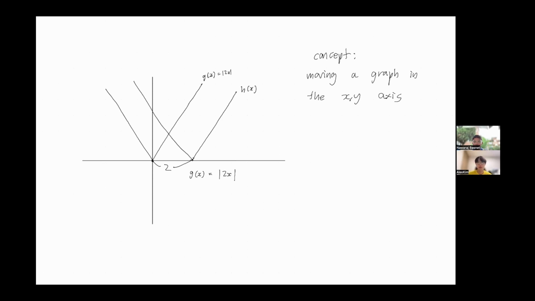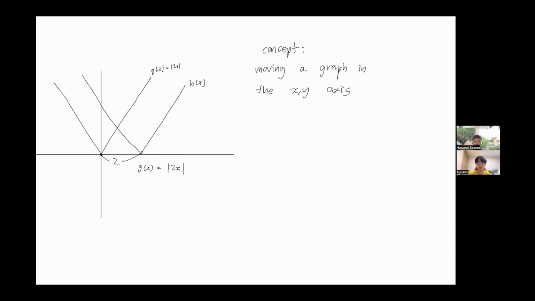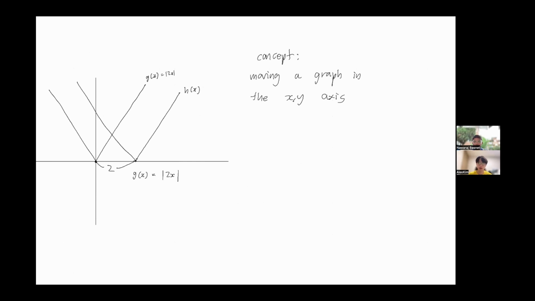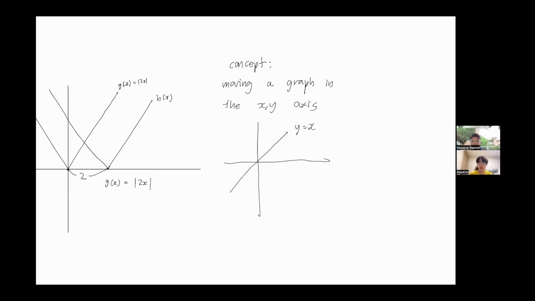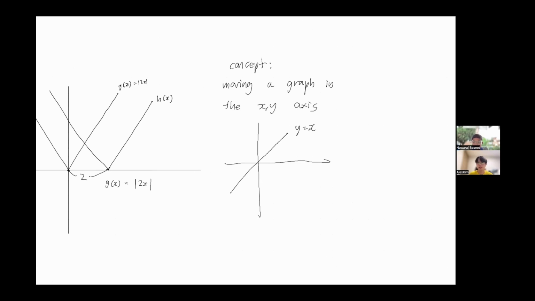So let's say we have a bit simpler equation to explain this. Let's just say there is a graph called y equals x. Very simple, right? And let's say we want to move this y equals x graph to the right by 2. Then how will we do it?